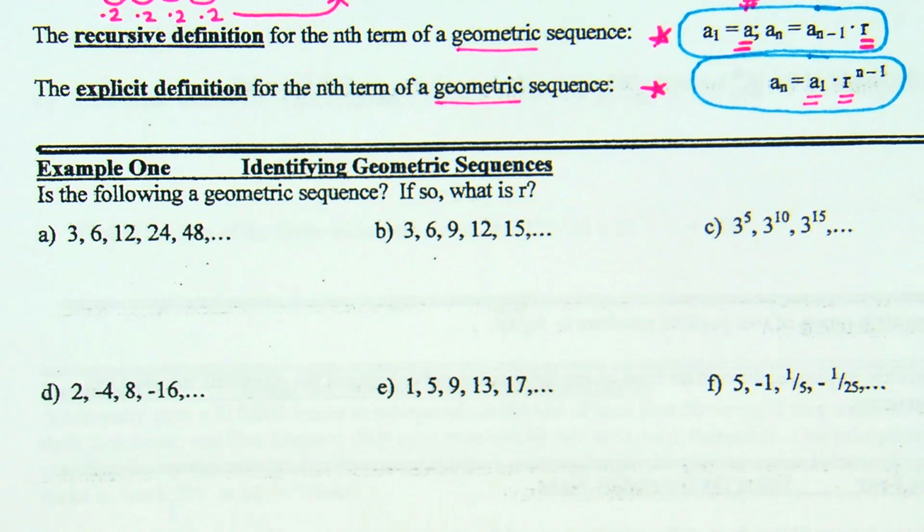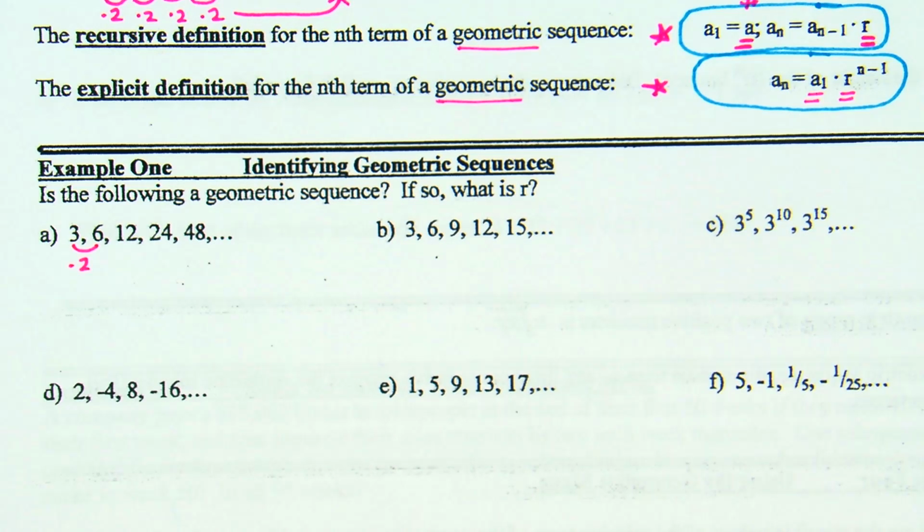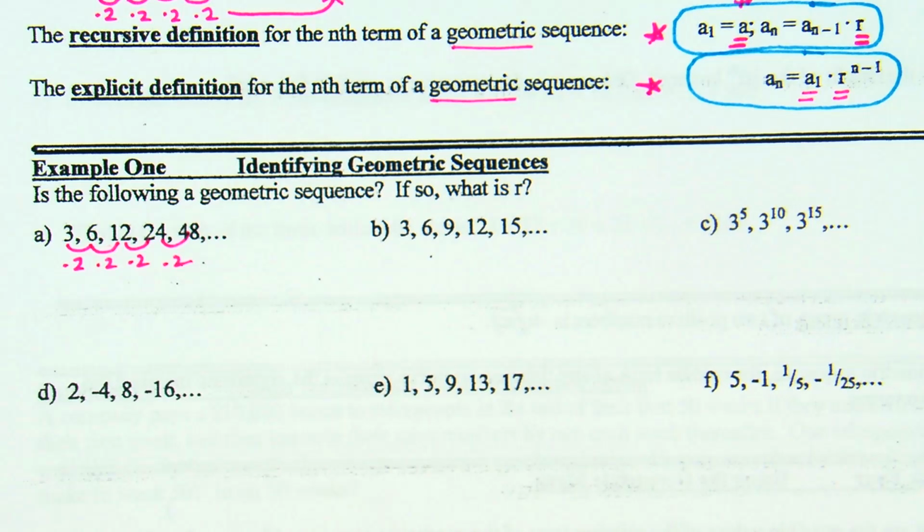See that connection? 3 times 2 is 6. You should keep checking though, right? Don't just stop. Check them all. 6 times 2 is 12. 12 times 2 is 24. 24 times 2 is 48. Did it work all the way through? Yeah, it worked all the way through.